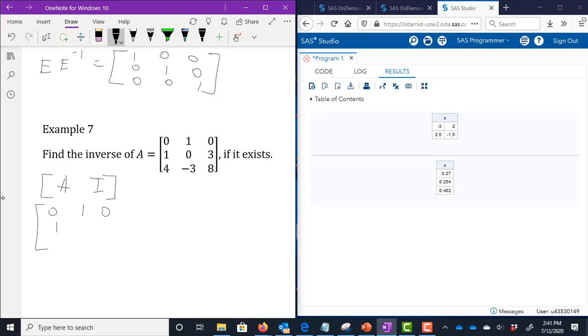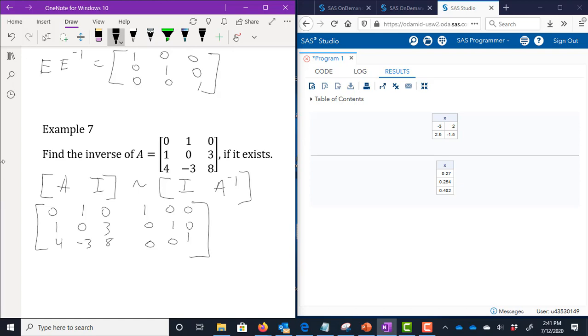As you can imagine, there will be a lot of steps since we would need to obtain the identity matrix on the left. We would have a matrix that looks like this, right? With the augmented matrix. We want this left side here to be the identity matrix, which is what I mean by solving it. And then the inverse then would be on this right side. And as you can imagine, that's a whole lot of steps.